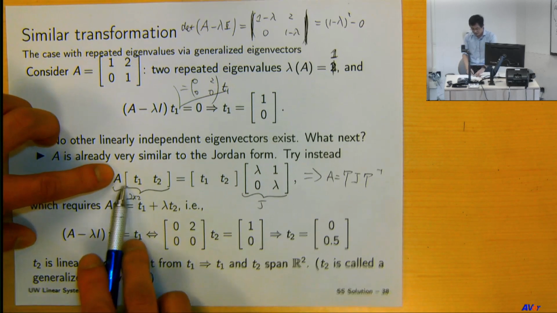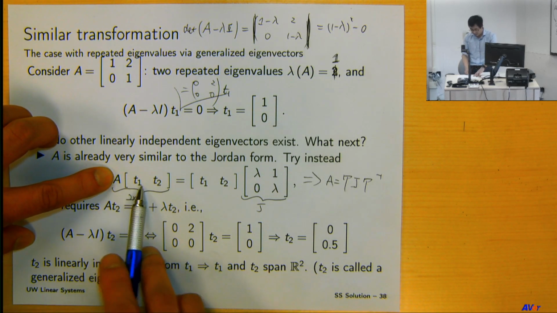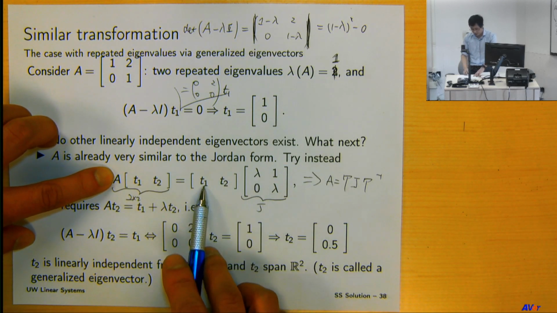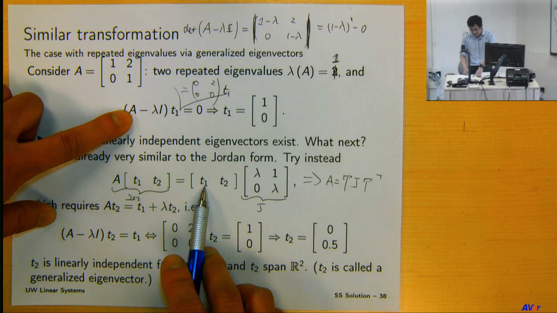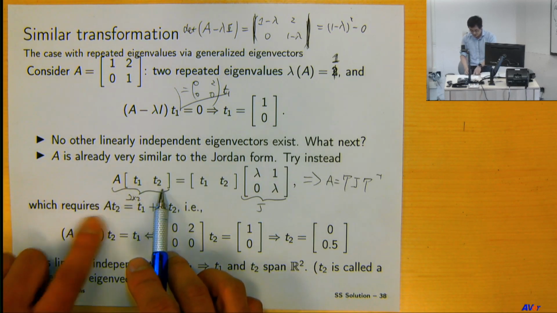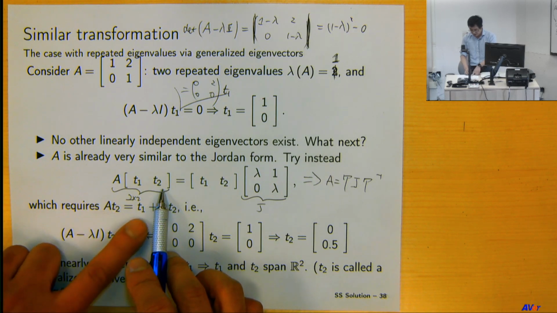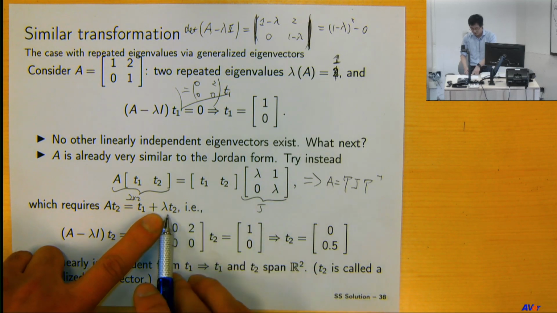So the first column is going to be A times T1 equals lambda times T1, which is this. The interesting case is the second column. This requires A times T2 must be equal to T1 times 1 plus lambda times T2.